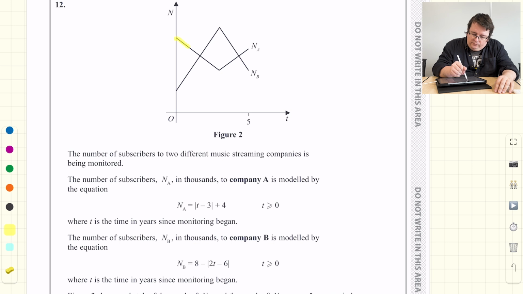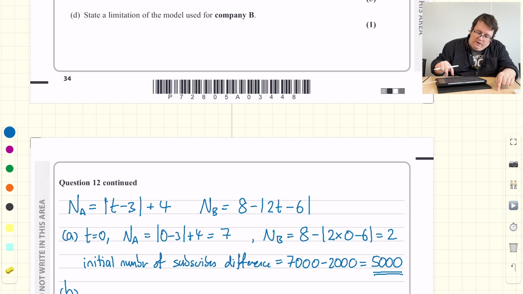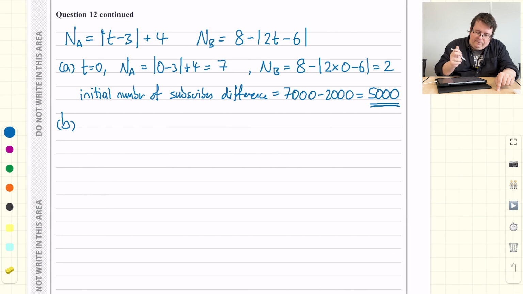So you can see that the number of subscribers decreased, and then it hit an all-time low, and then it started to increase again. So the point at which it starts to increase, that will be the capital T that I'm looking for. So that is the vertex of that graph.